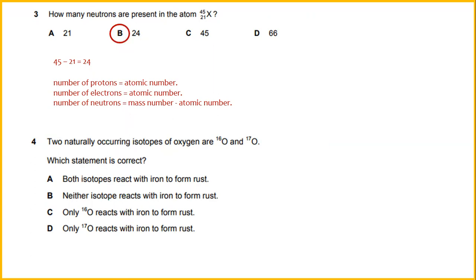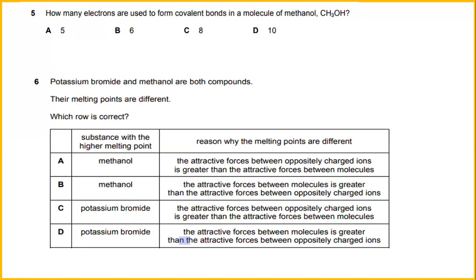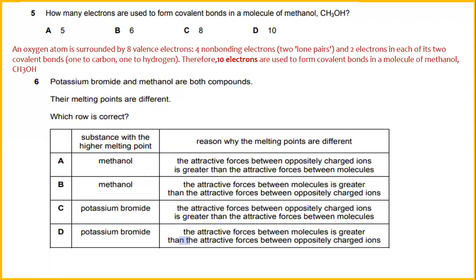Two naturally occurring isotopes of oxygen are 16 and 17. Which statement is correct? Both isotopes react with iron to form rust. How many electrons are used to form covalent bonds in a molecule of methanol, CH3OH? An oxygen atom is surrounded by 8 valence electrons and 4 non-bonding electrons.